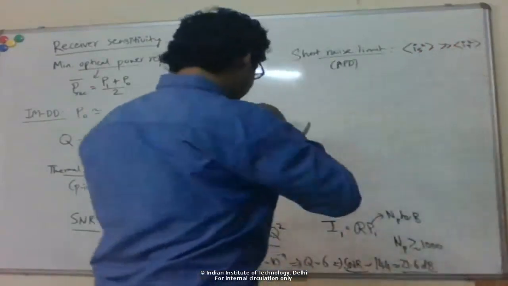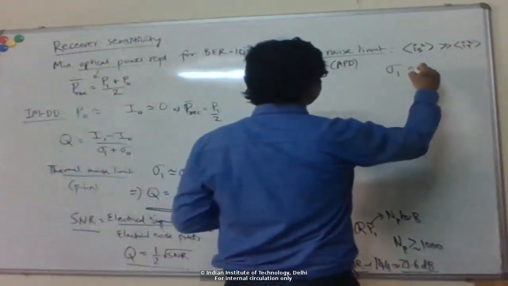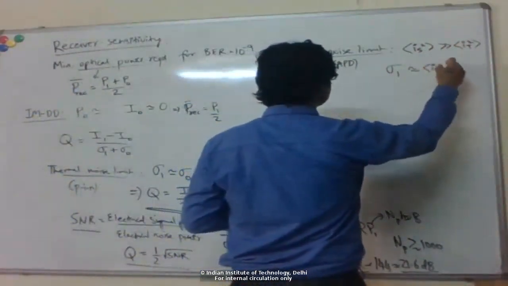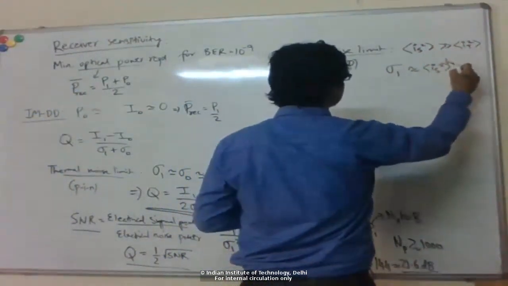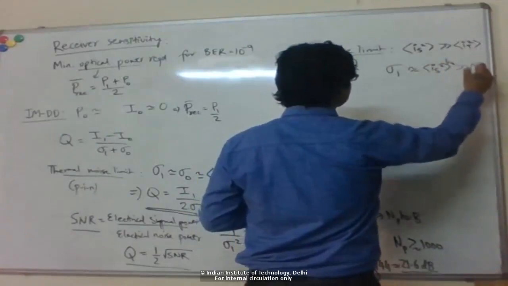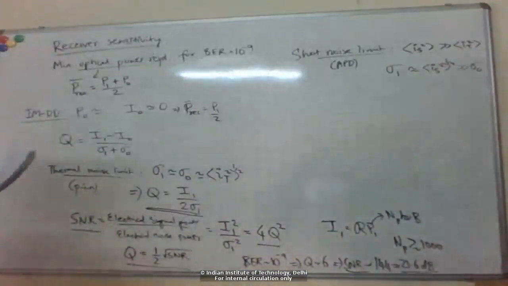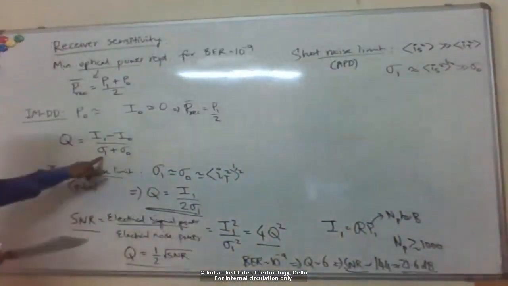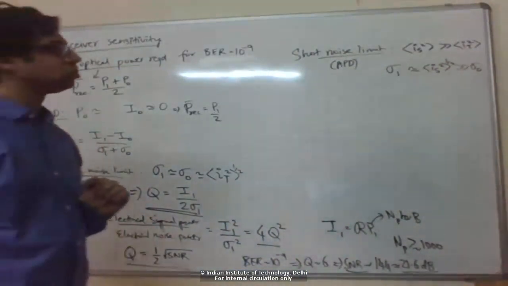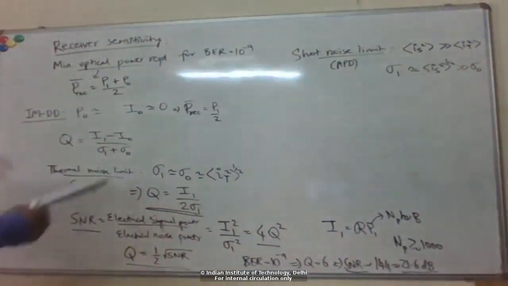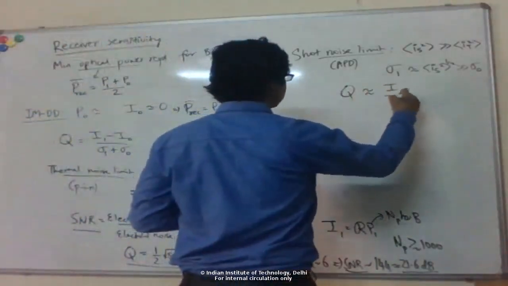So sigma 1 is given basically by the shot noise, and that's much greater than the thermal current, which is the bit 0 noise. In other words, in sigma 1 plus sigma 0, sigma 1 is much bigger than sigma 0. So Q here is approximately I1 by sigma 1.